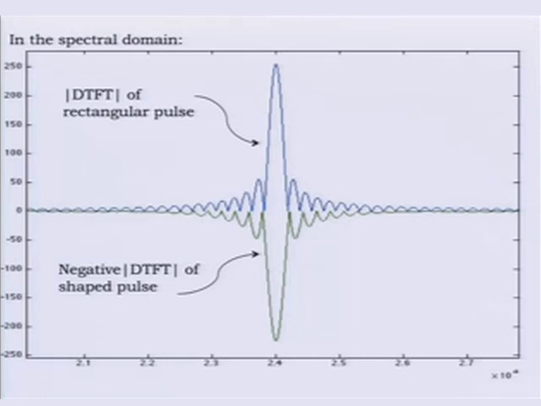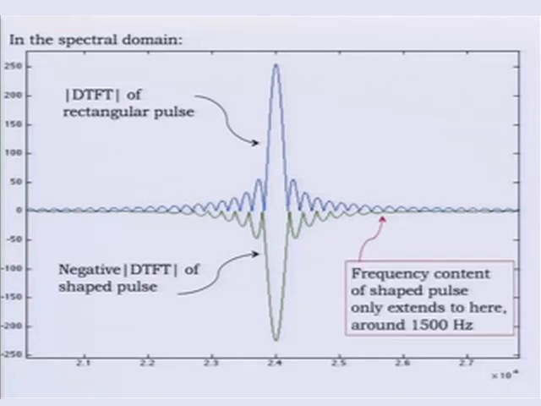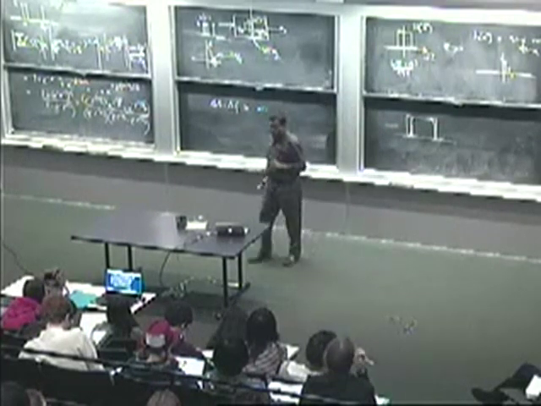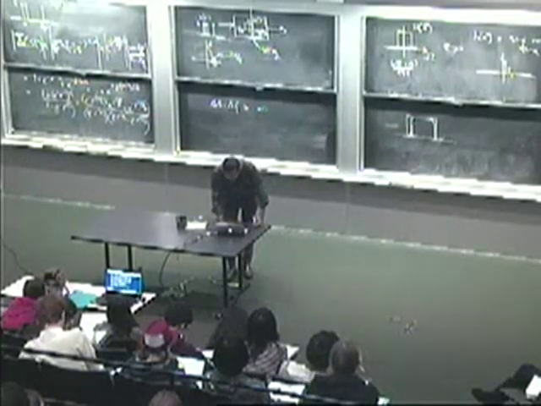It's almost all contained in this smaller region, whereas the rectangular pulse had frequency content that went way off to high frequencies, right? Went off to 24 kilohertz, for instance, in our example. So the frequency content of the shaped pulse is much more tightly contained, and you have a much better chance of getting that across a low-pass channel. So this is just a little bit of shaping that can make a big difference in terms of adapting the signal you're trying to send to the channel.